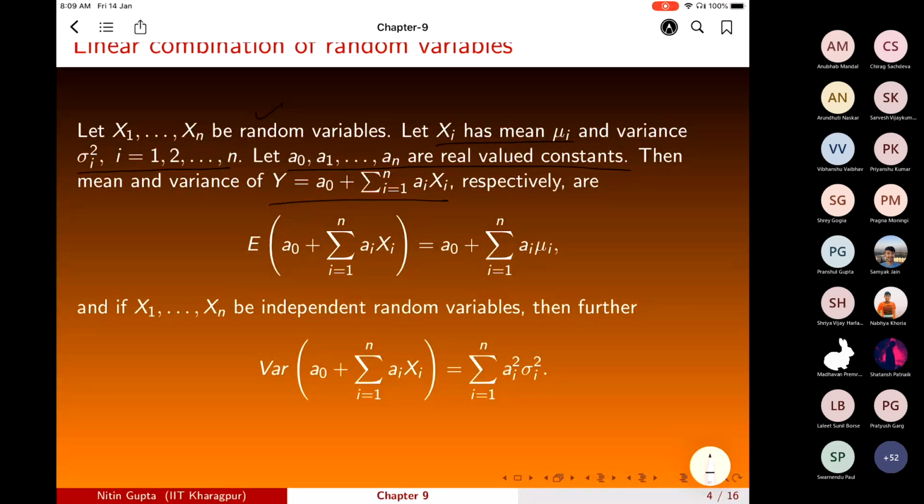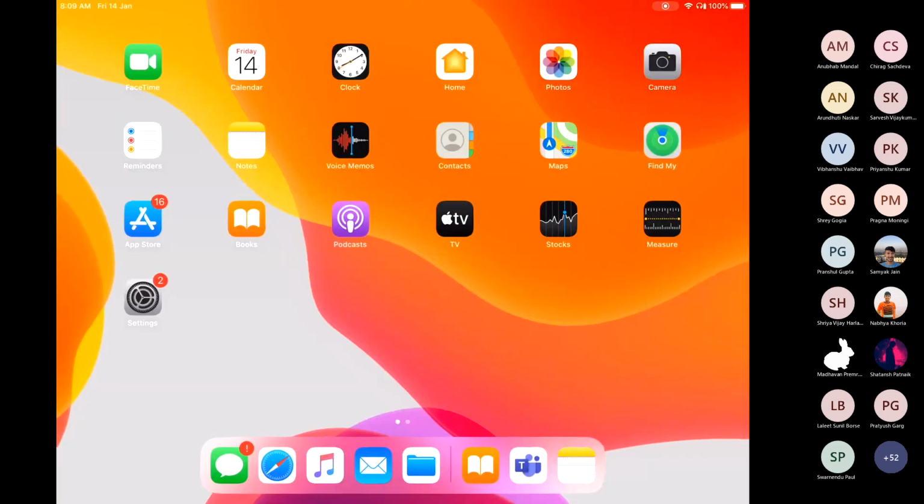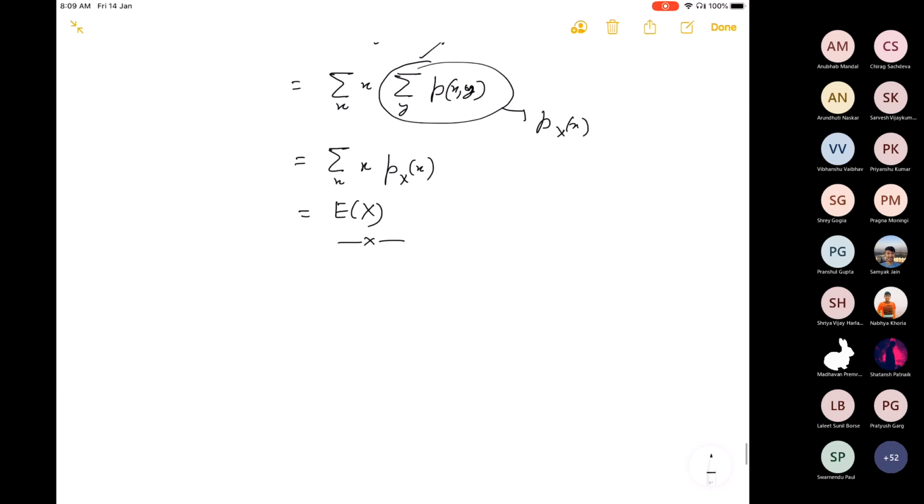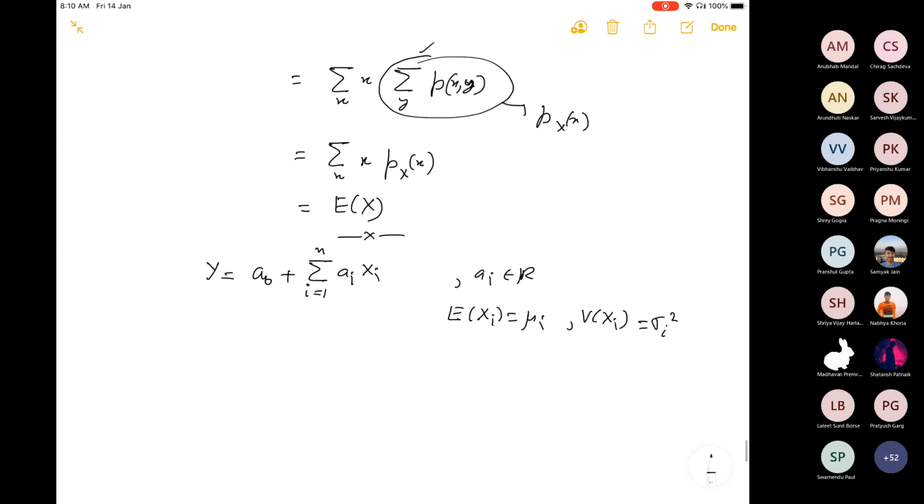That means some linear combination. The ai are numerical values, the mean of xi is mu i and the variance of xi is sigma i square.